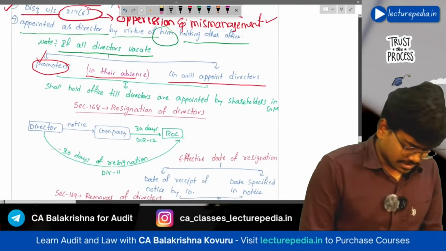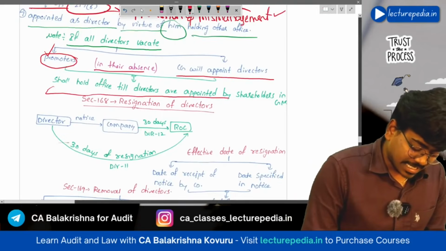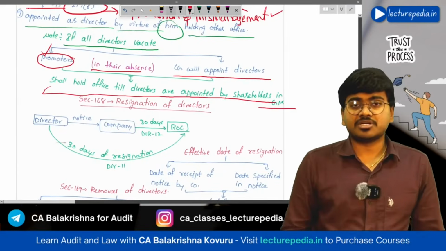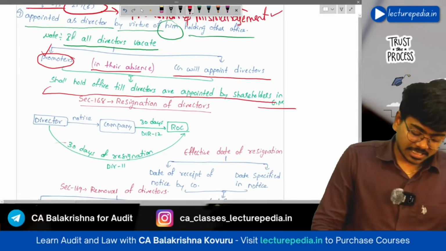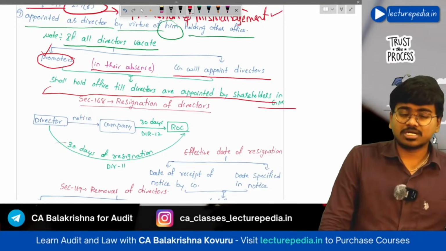These new directors shall hold office till directors are appointed by shareholders in the general meeting.